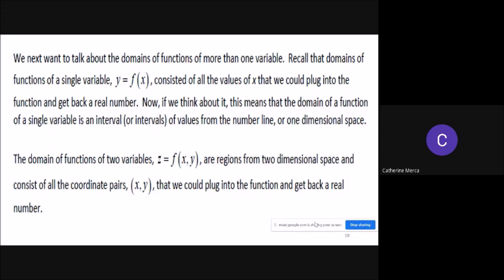So when you substitute the value of (x, y) into the function, your z should be well-defined. Otherwise, it is not in the domain.